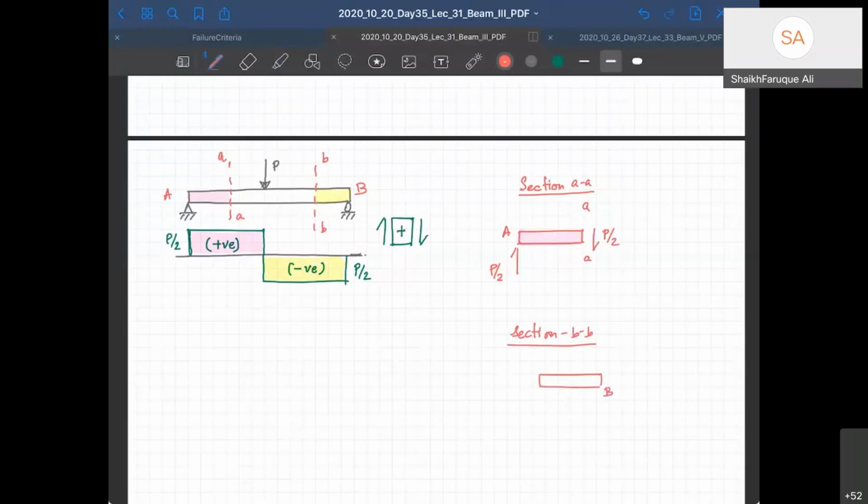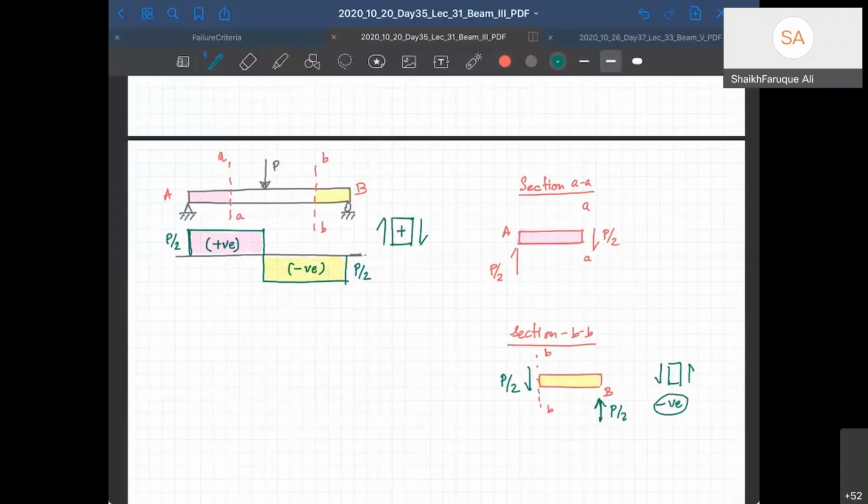So this is section BB, and that will be yellow colored. So I'm looking at the yellow colored portion. And if I look at the forces, it's going to be upward P by 2 on this side, of course, by the support. And therefore, this side it will be downward P by 2, to balance the force in the section. And therefore, its cross section is looking like this. So this is a negative shear force.